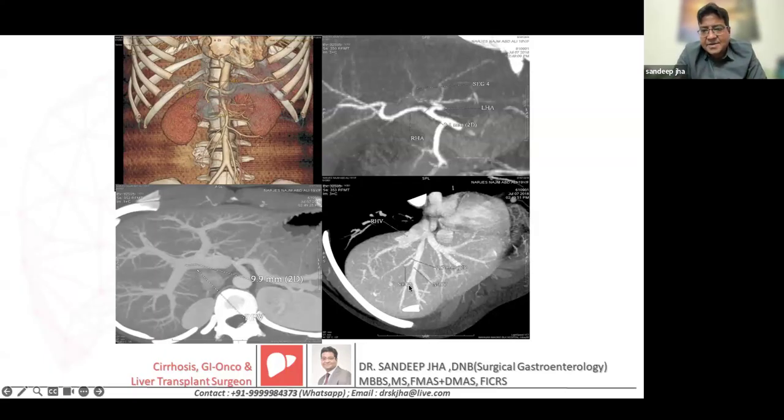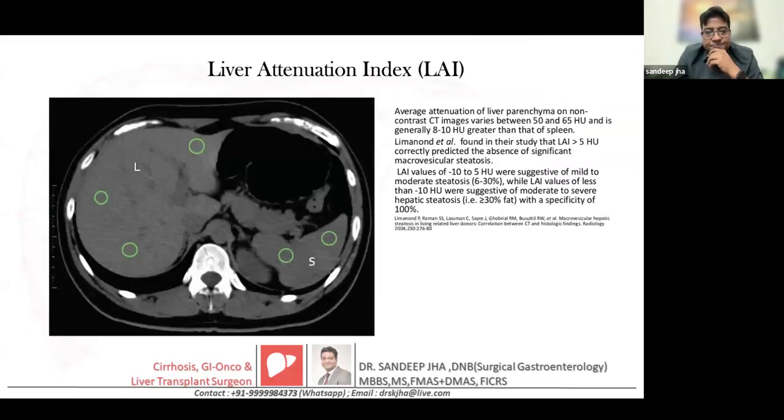The hepatic veins anatomy is shown in this picture. The arterial anatomy is shown in this picture. That is how we determine if this donor is fit to undergo the surgery, because the portal vein has to be divided here, and if the stump is short, then we cannot take the donor for donor surgery.